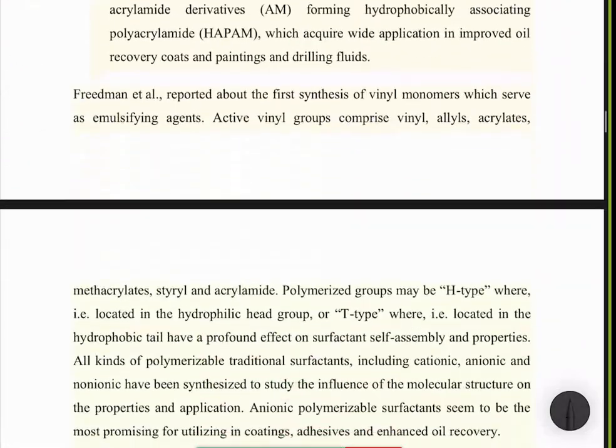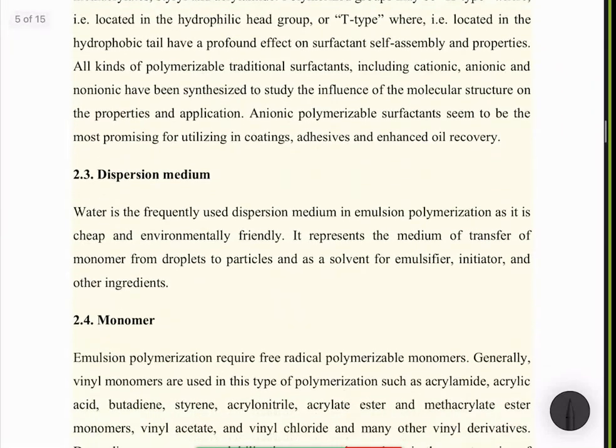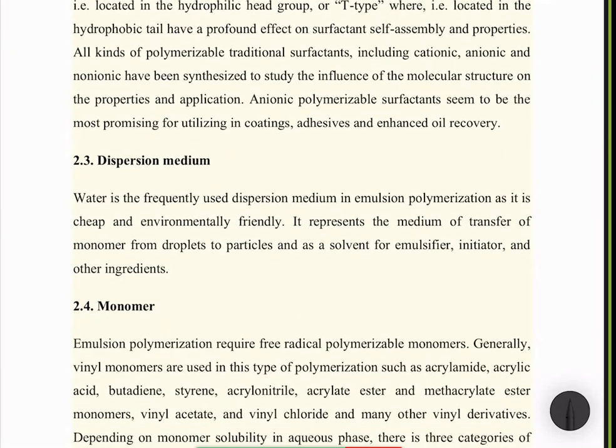Now, regarding the dispersion medium, water is used as the dispersion medium. It represents the medium of transfer of monomer from droplets to particles, and a solvent for the emulsifier, initiator, and other ingredients. It helps to disperse these monomer droplets and the micelles.